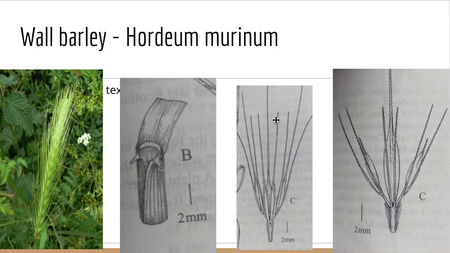The awns are quite long compared to the compact small structure. Rather, the other barley has a very open structure, and you can see there's one floret, another floret, and a central one. There's two small ones, and there's one here and one here.